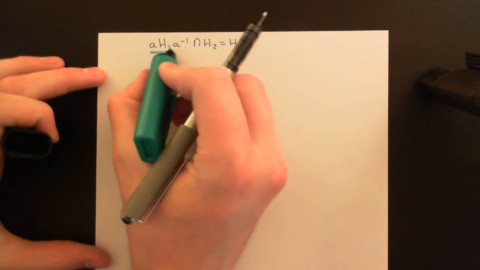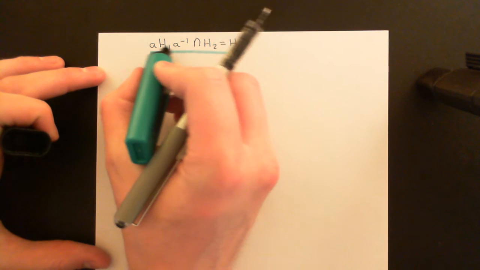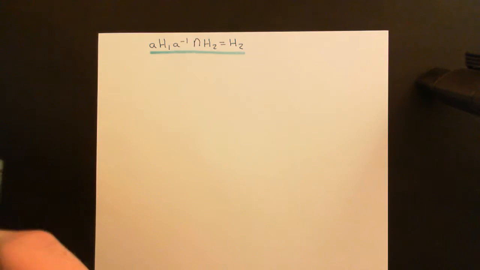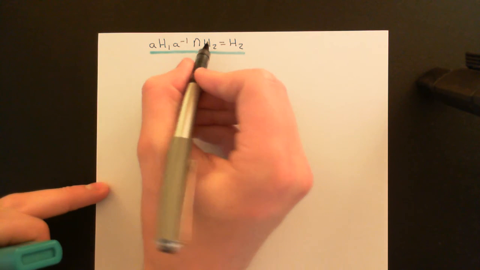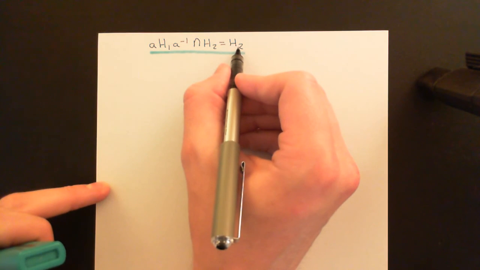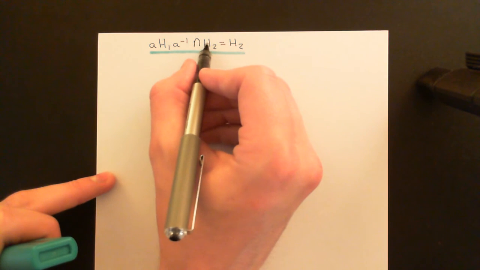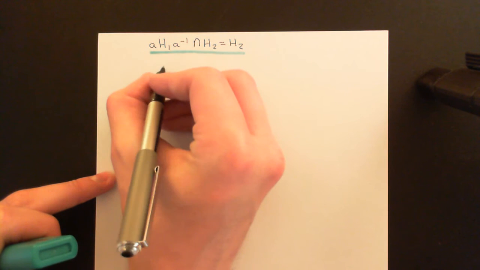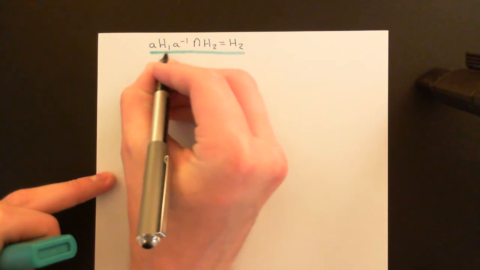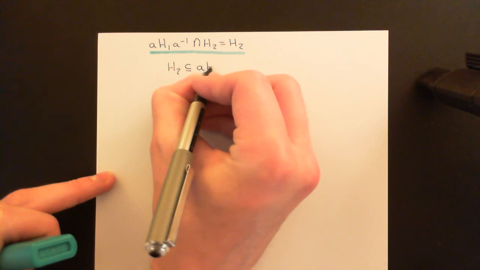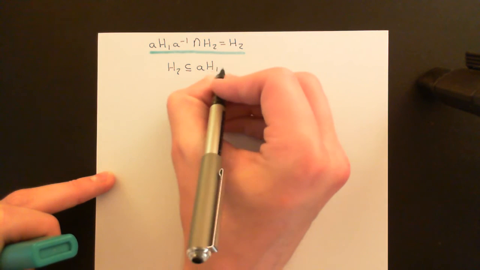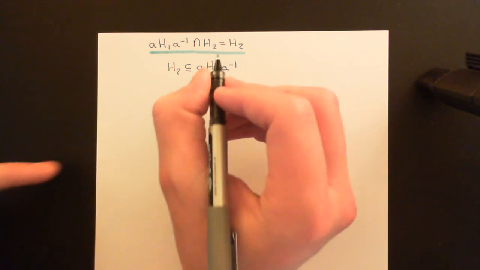Now what does this tell me about AH1A inverse? Well, I'm intersecting this thing with H2 and I'm getting H2 back again. That means that all of the elements of H2 must be contained within AH1A inverse. So H2 must be contained within the conjugate of this first Sylow P subgroup under the element A.